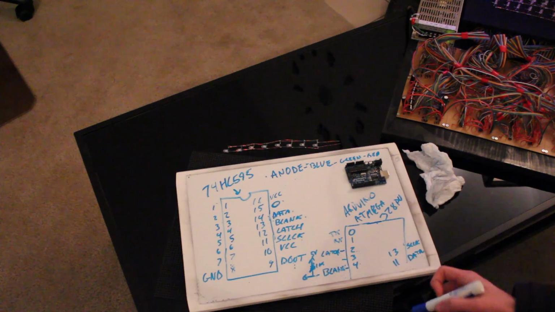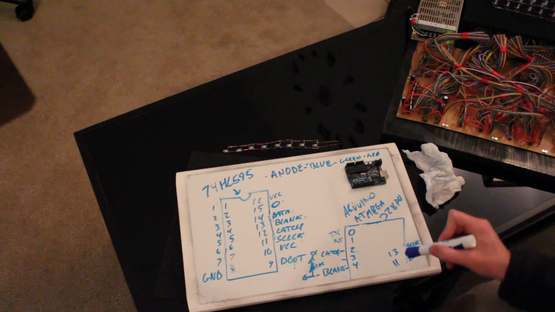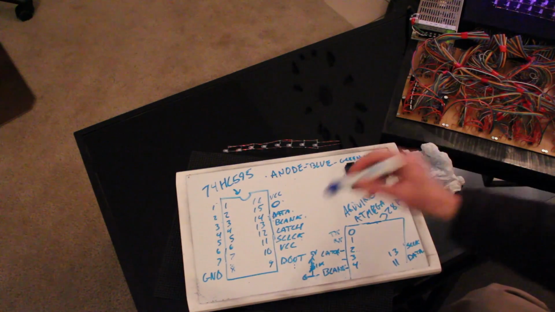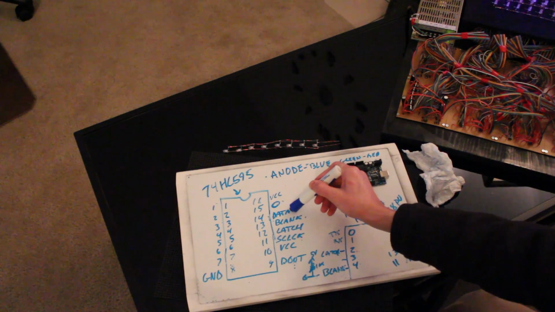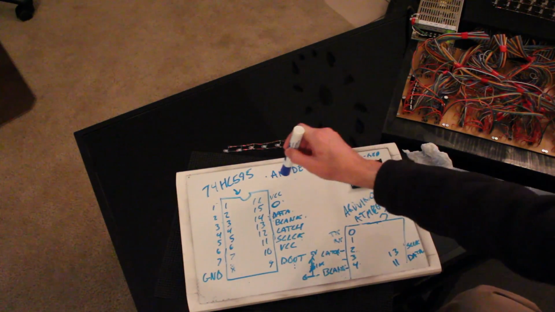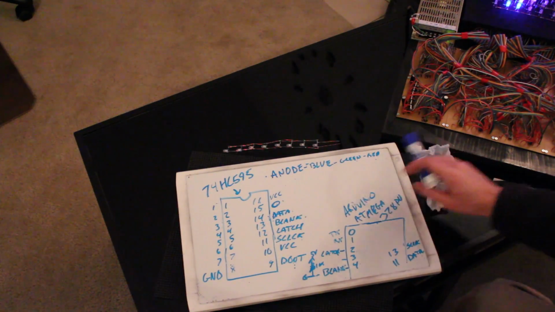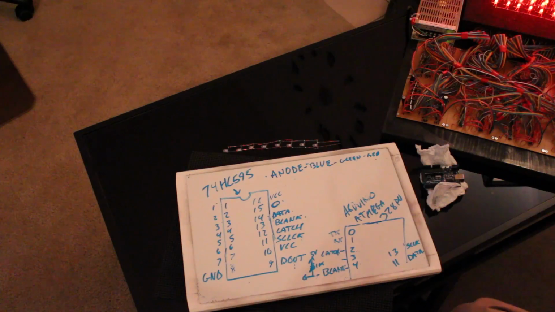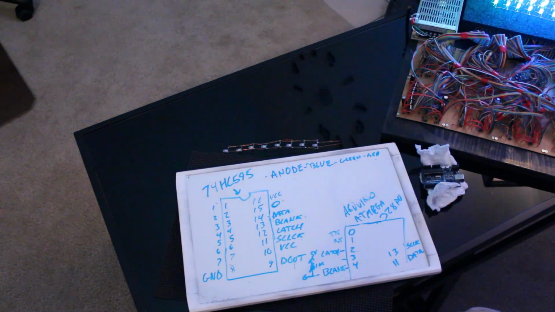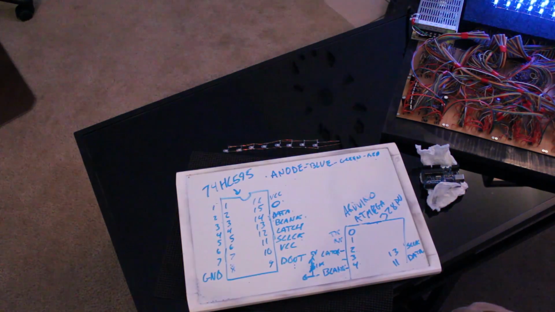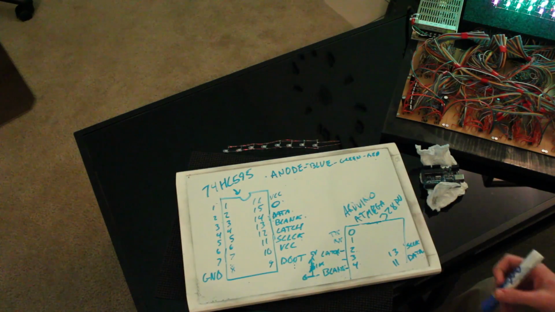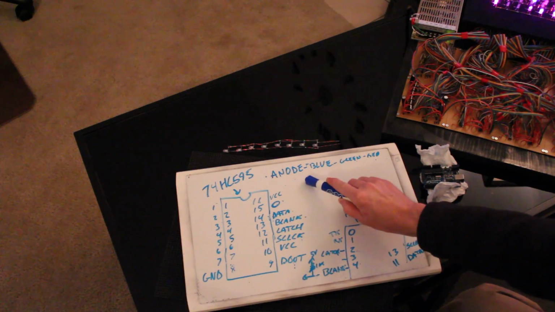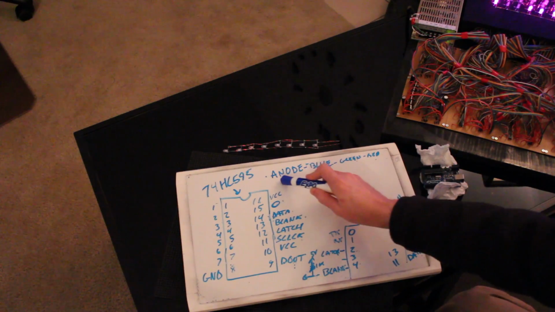Okay, so let's talk a little bit about what we've got going on here. We have the data pin on Arduino pin 11. That goes out to data in of the first shift register, which happens to be the anode control shift register. The way we have them set up, the first one we go to is the anode control shift register.